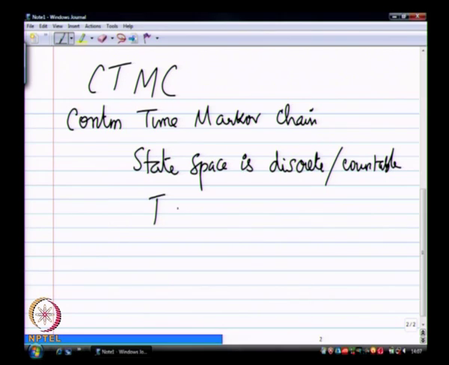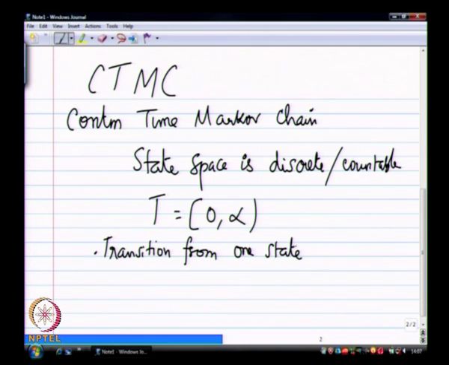And the time parameter is continuous, right. So the transition from one state to another can take place at any time. That is the basic definition, right. Whereas in the case of discrete time Markov chain, the transition was only at specified time ticks, time instants.